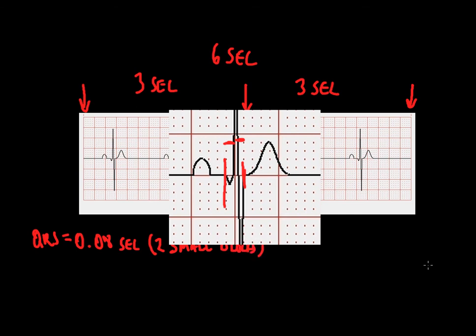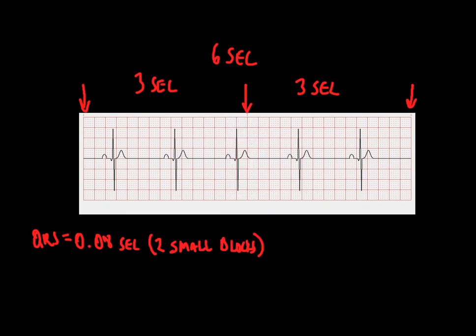Alright, then the next thing I want to do is look for P waves. To look at the P waves, we can just look in general here. Let's do the P waves in a different color, so I'll grab green, and I can mark these off. There's a P wave there, P wave there, P wave, P wave, and P wave. Then I want to look at their shape. The shape is round, they're upright, and they're symmetric. That's what they need to be.